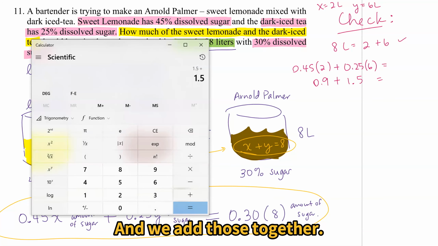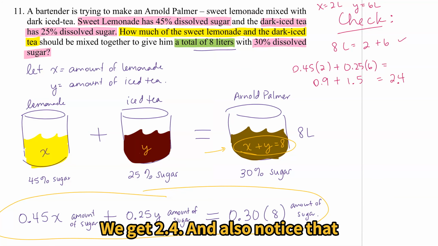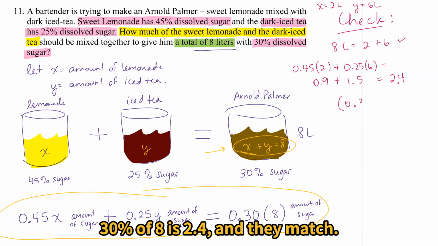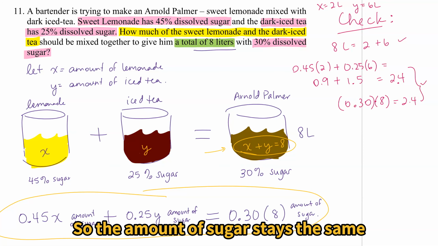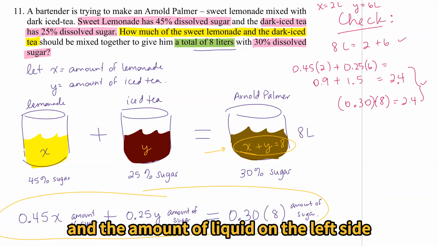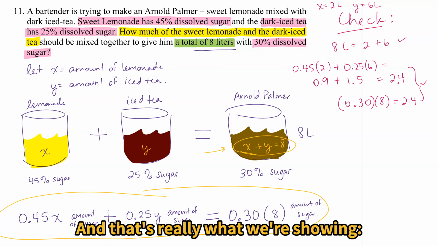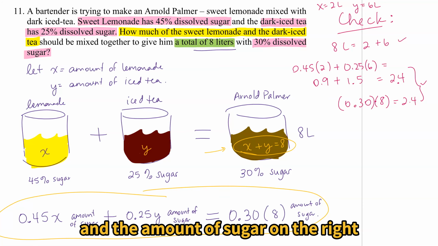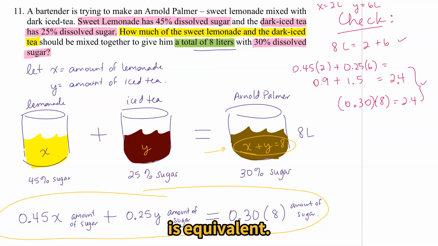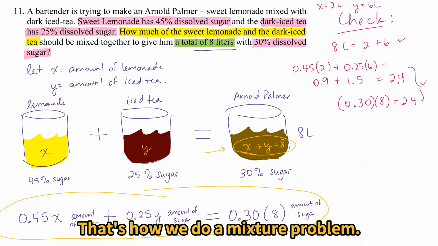And we add those together, we get 2.4. And also notice that 30% of 8 is 2.4, and they match. So the amount of sugar stays the same in the whole system, and the amount of liquid on the left side and the right side are equal. And that's really what we're showing. The amount of sugar on the left and the amount of sugar on the right is equivalent, and the amount of liquid on both sides is equivalent. And that's how we do a mixture problem.